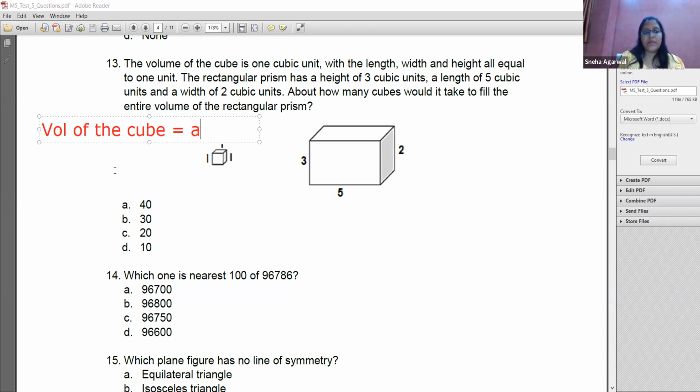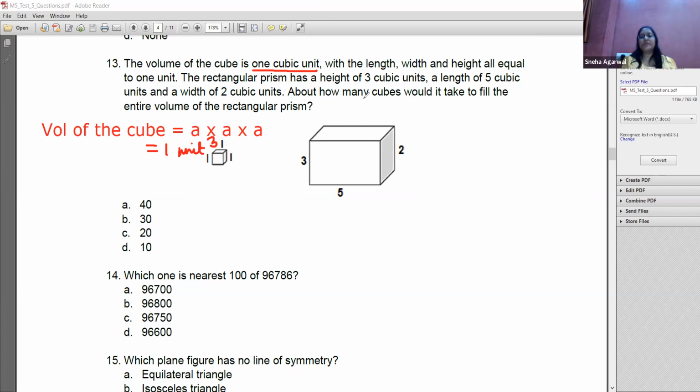So here A into A into A. Now here they are telling you that the volume of the cube is 1 cubic unit with the length, width and height all equal to 1 unit. Okay, so they have given you that length, width and height is everywhere 1 unit over here. So this is 1 cubic unit. Whatever unit you have, unit cube. Okay, next.